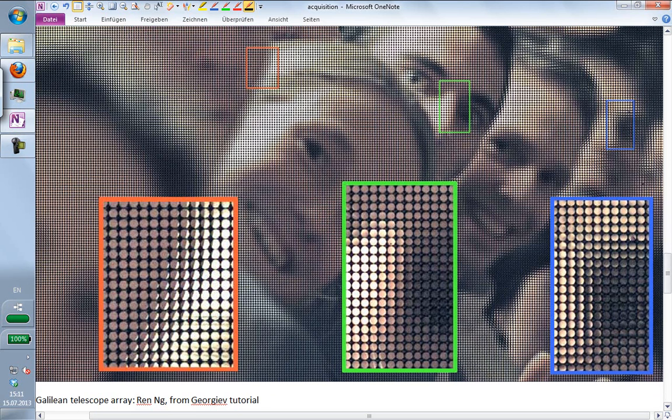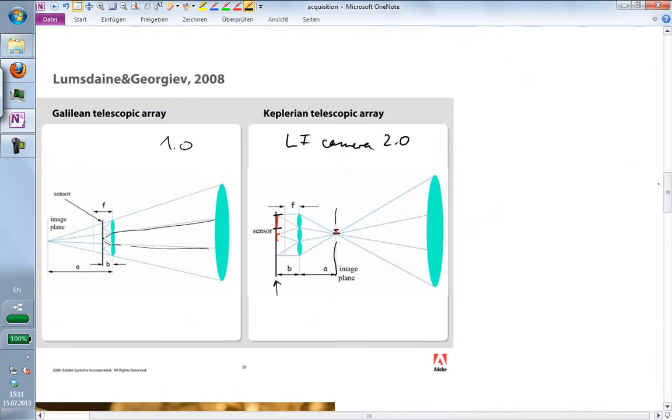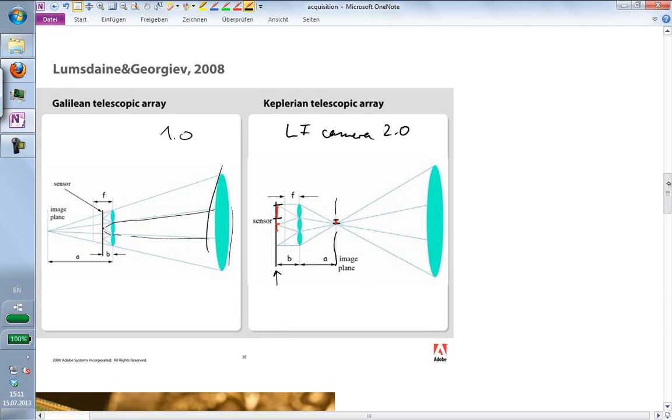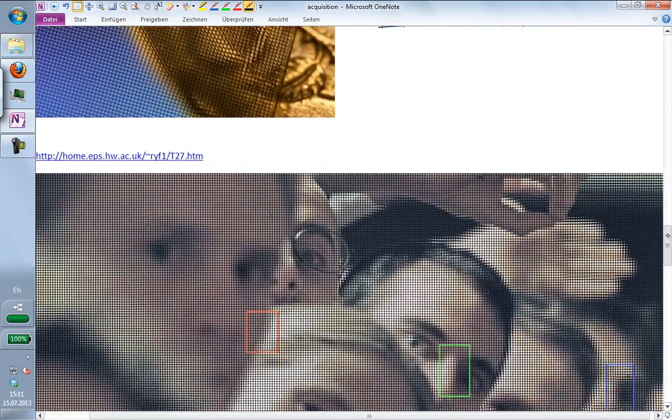And you see that even in this in focus region, the individual images, which consist of multiple pixels, are fairly blurred. And the reason lies in this architecture here. So even something that is in the focus of your big lens will not be mapped to individual pixels on your sensor. So you have to compute the crisp image.